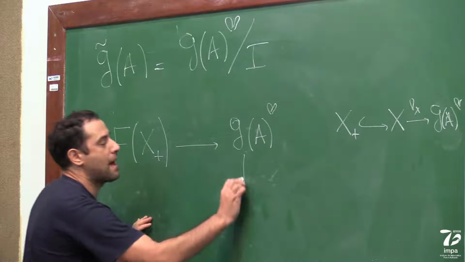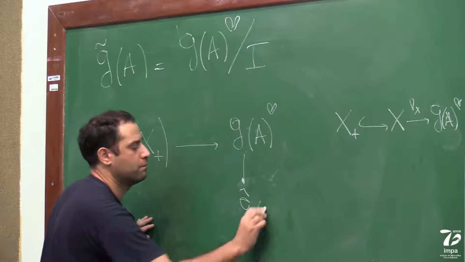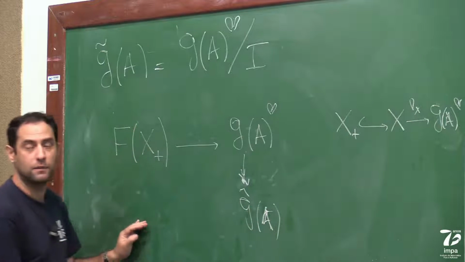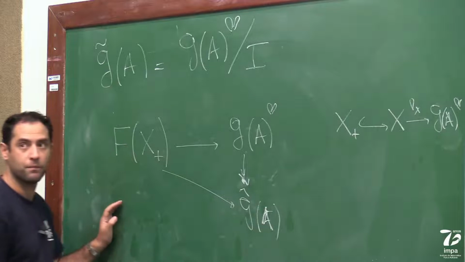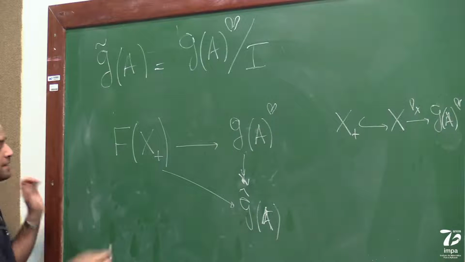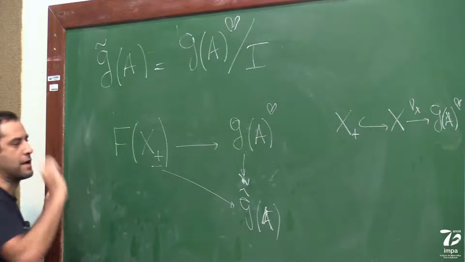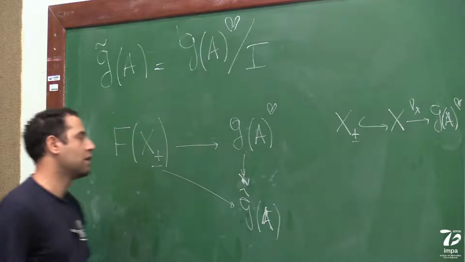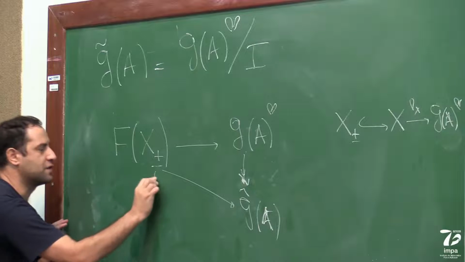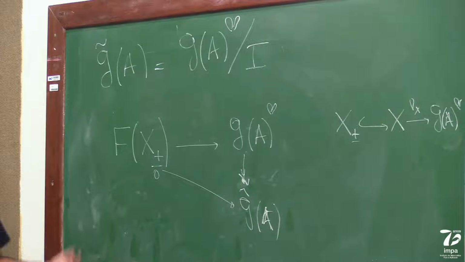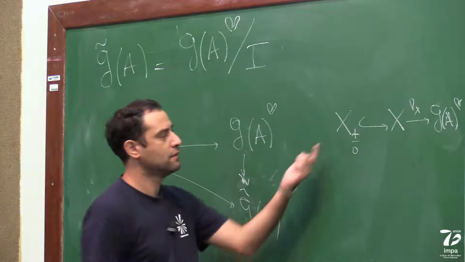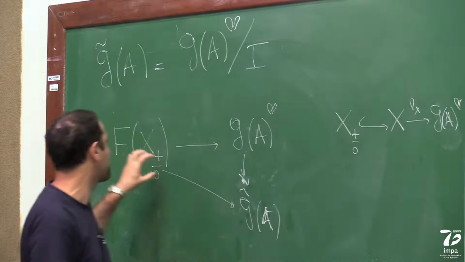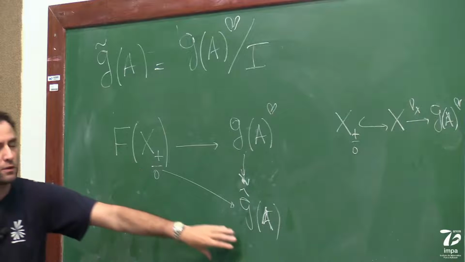And now this guy maps to G tilde of A, because this is the quotient map by the ideal. So therefore you get a map like this. And similarly for minus. And similarly for 0. Okay, so I have these three inclusions of sets from X plus or X minus or X0 inside of X, and that gives me maps from the corresponding free Lie algebras to these guys.